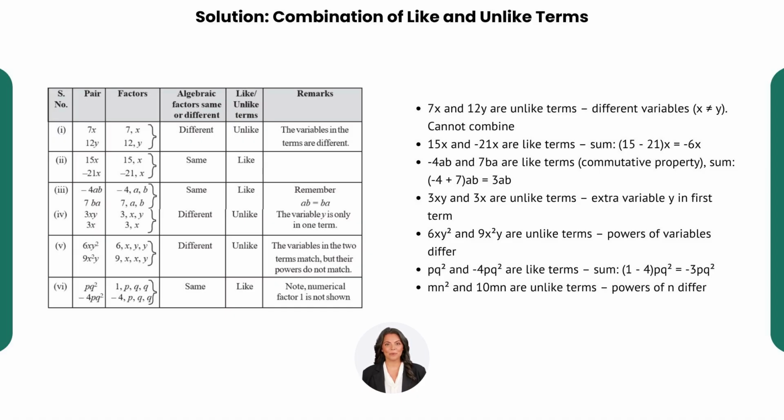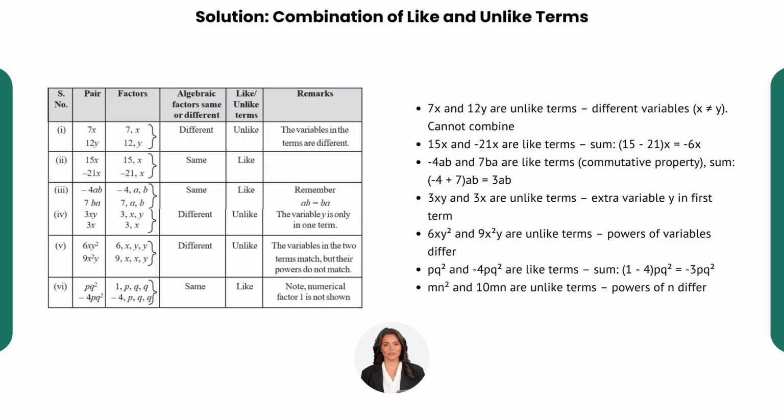Pair 3, remember multiplication is commutative, so ab and ba are the same variables. Adding coefficients, negative 4 plus 7 equals 3, so the result is 3ab. Pair 4 has an additional variable, y, in the first term, so it's unlike.